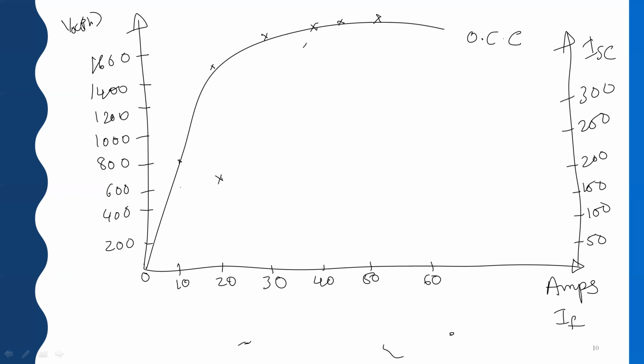Next, at 25, 250. Next, at 30, 300. So draw a straight line joining all the points. This is your SCC characteristics. In your lab also you have to do it in the same way. So I have got OCC and SCC characteristics.